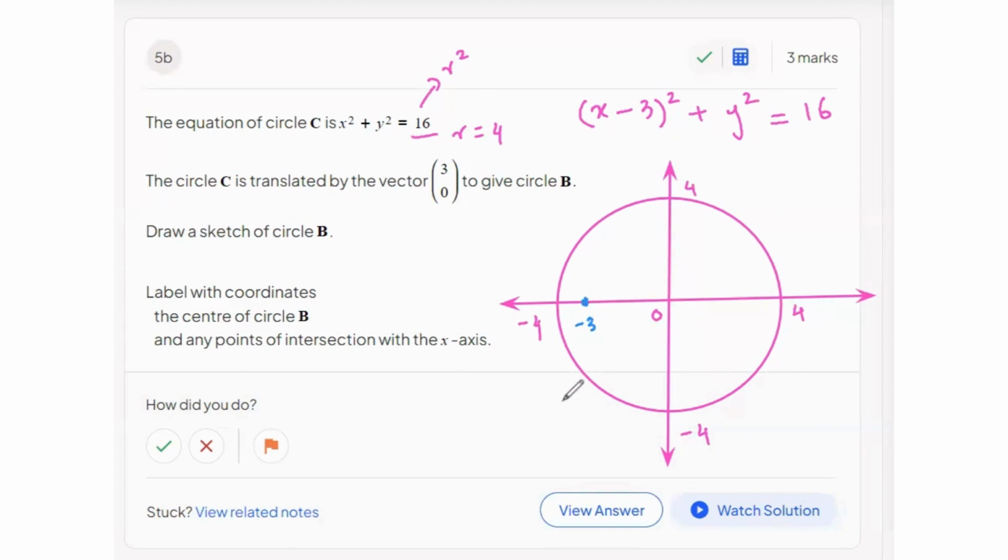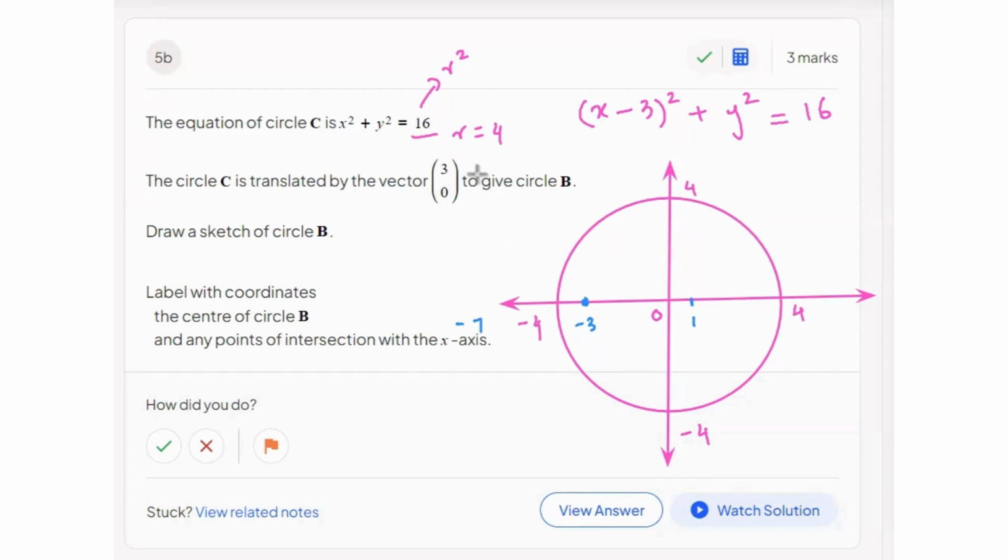This is your center now. Since the radius is not changing, radius being the same, 4 would move to 1, and negative 4 would move to negative 7. Your y coordinate is going to be the same because the translation vector is just (3, 0), not (3, 3).